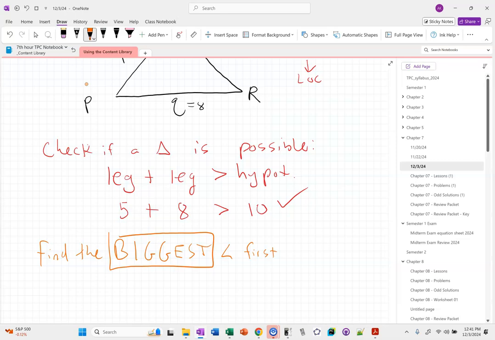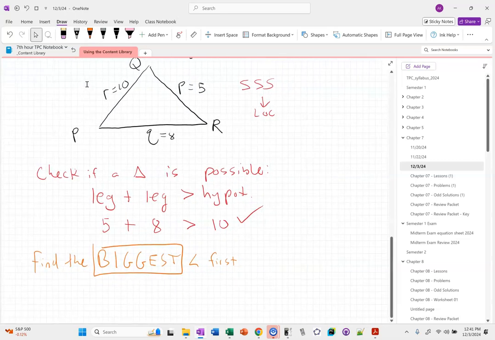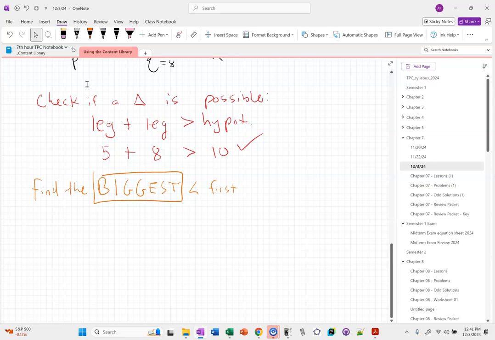Okay, which angle is going to be the biggest, P, Q, or R? How did you know that? It's across from the biggest side. Very good. So we're going to write R squared is equal to P squared plus Q squared minus 2PQ cosine angle R.